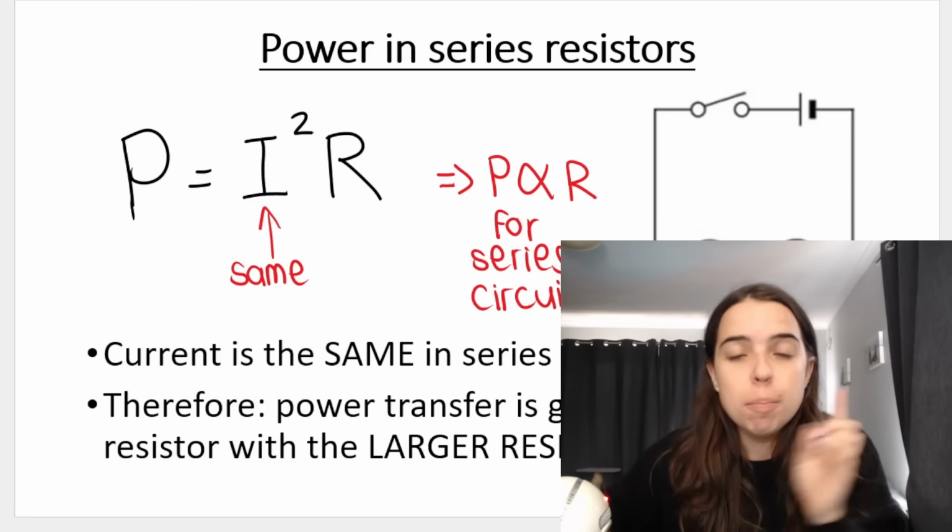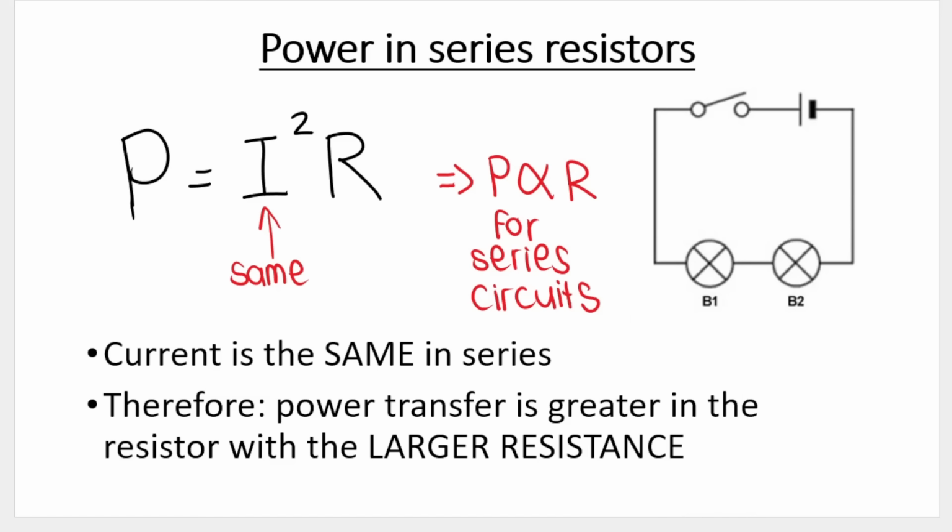So for example, power in series resistors, if you look at this, it says we're going to use this formula, P equals I squared times R. It says here for B1 and B2, because they're connected in series, the current is the same. You need to know that. Current is the same for resistors in series. So this is the same, which means that this is constant. Okay, same, constant, doesn't change.